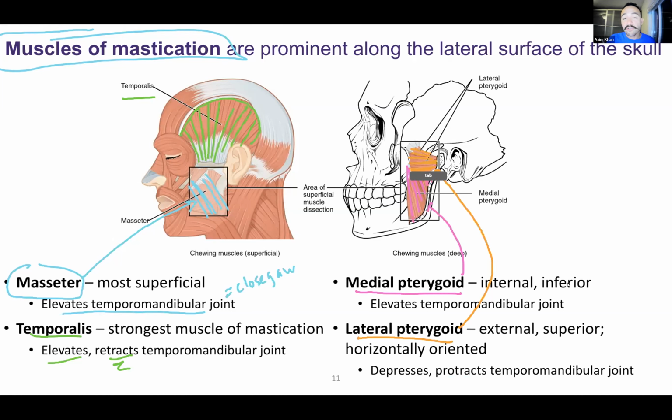They're named after where they're connecting on the sphenoid bone. So they're pretty deep. This picture here has cut away a piece of the mandible so that you can see these muscles.